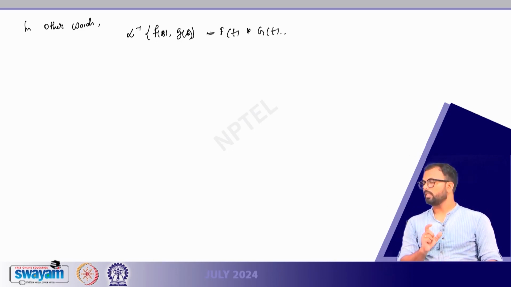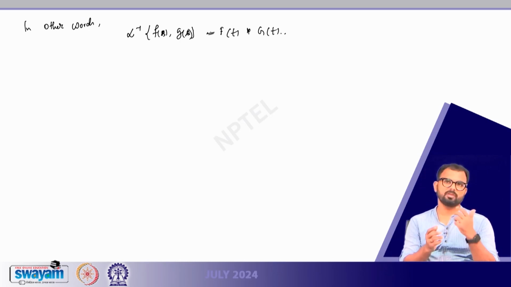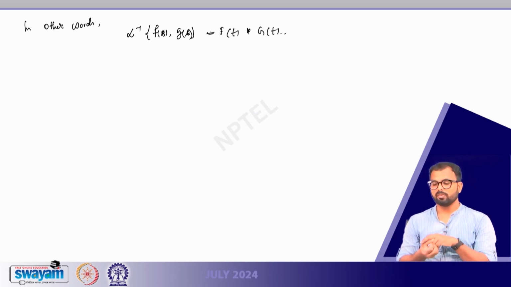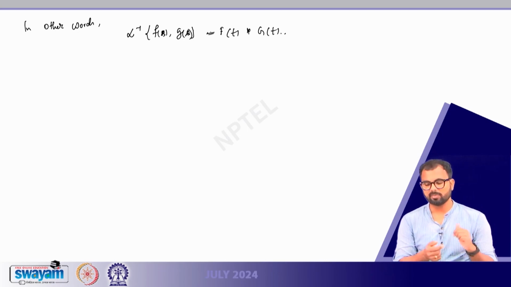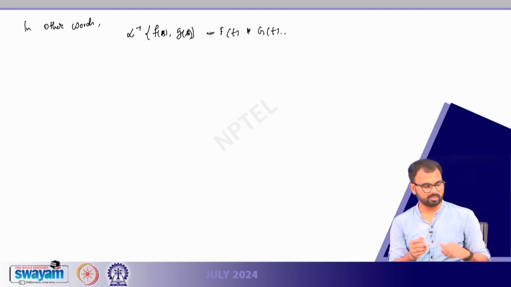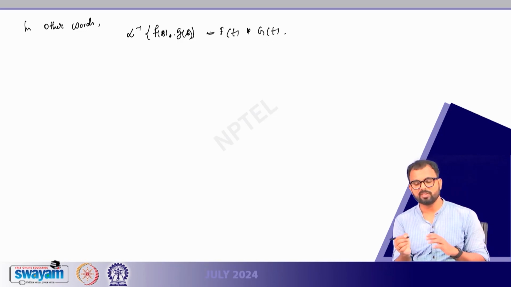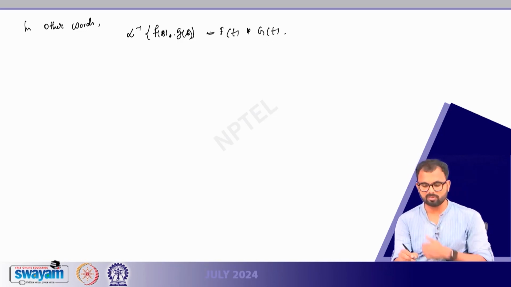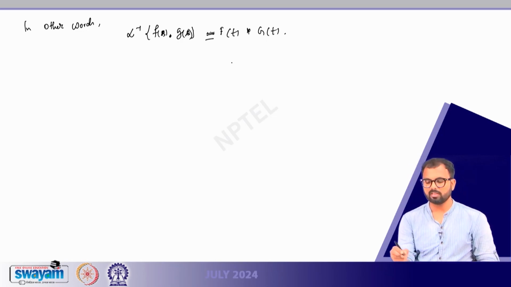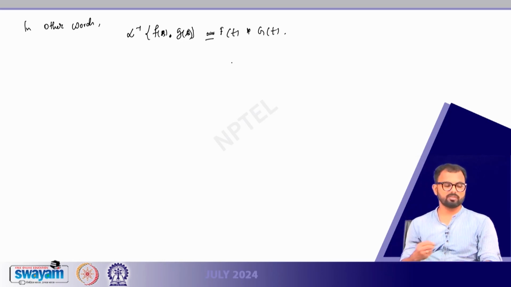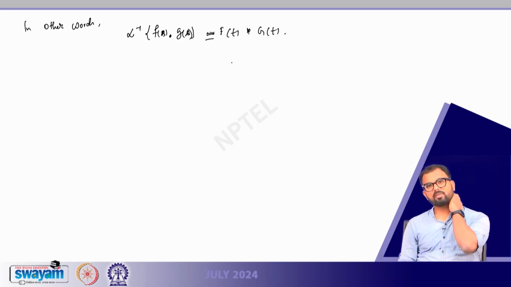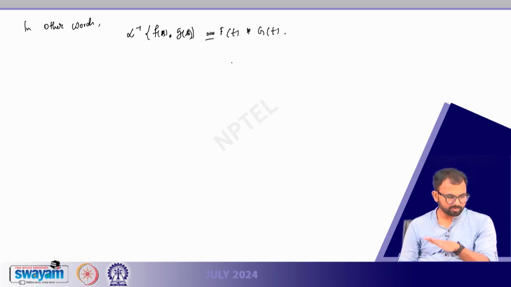So, that means there is a way we can connect the Laplace transform, to be very precise, the inverse Laplace transform, with the convolution, right. So, inverse Laplace transform of F(s) into G(s), the dot meaning the multiplication of the two functions, is equal to f(t) star g(t), that means the convolution of f(t) and g(t). This one is also very easy to prove. So, the proofs we are leaving.